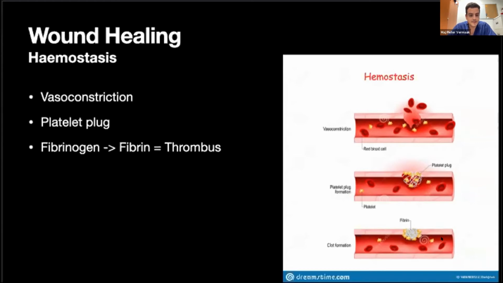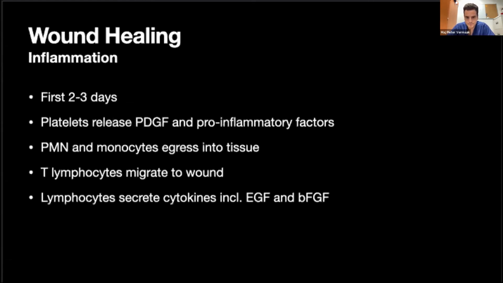You then also get platelet activating factor, von Willebrand's factor, thromboxane A2, all these chemicals that stimulate conversion of that fibrinogen to fibrin, and that's how you get this clot that sits there and stays there. The next phase, inflammation, generally lasts over the first 2 to 3 days. The platelets release pro-inflammatory factors, stimulated by the physical injury, an antigen-antibody reaction, or infection itself.